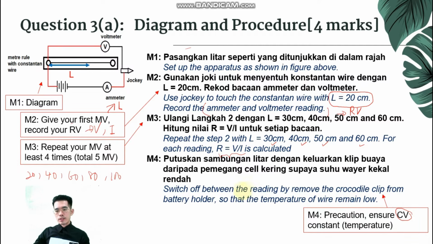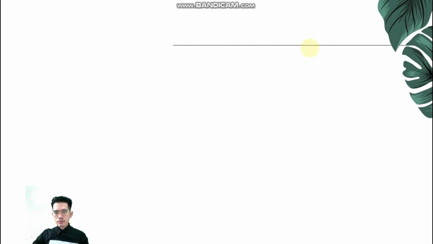How can we ensure that the temperature of the wire always remains low? We can switch off between readings by removing the crocodile clip from the battery holder. That means we disconnect the circuit when we are not taking the reading. So this is the full 4 marks for your reference.